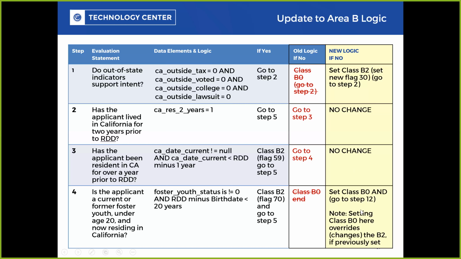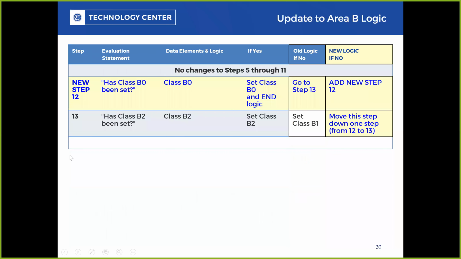The only thing we did right here was instead of ending it for that B0, which was what we used to have, we said we're going to triple check that they're not a non-resident. So we're going to add one more piece of logic at the bottom. So at the very bottom, no changes to steps 5 through 11.